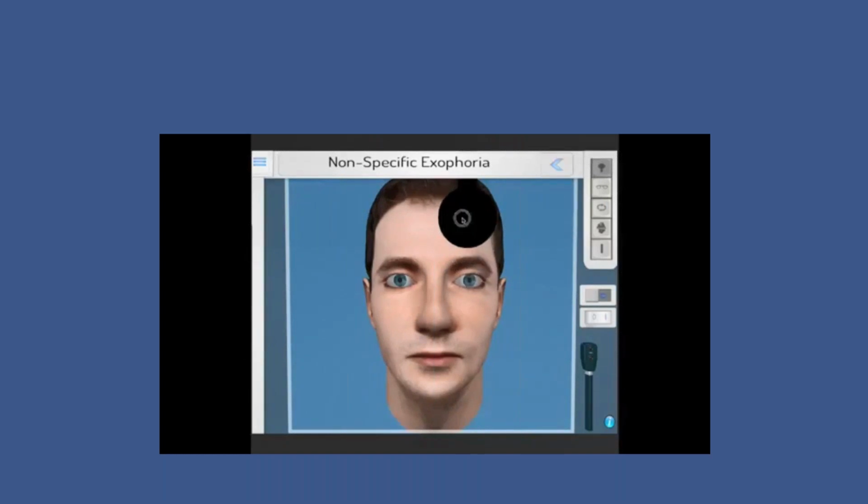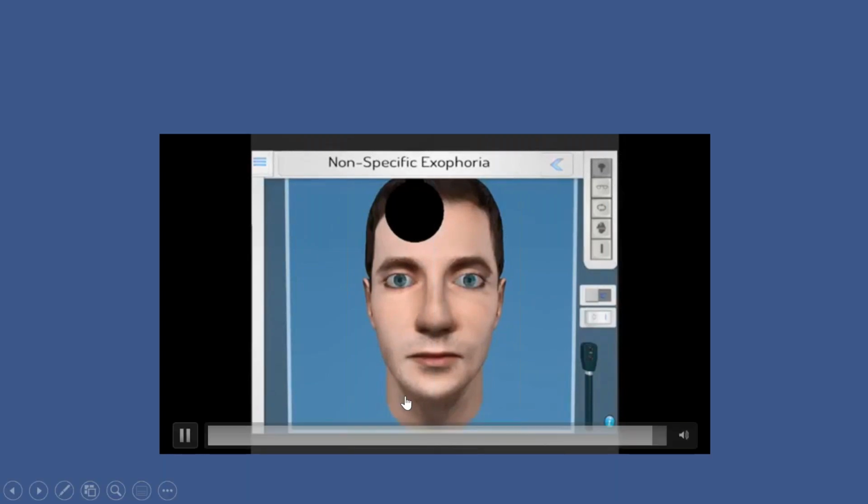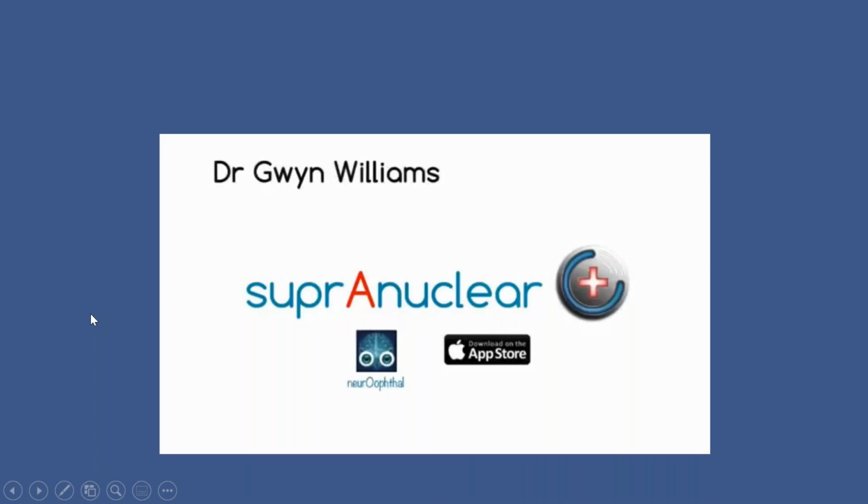Uncover, nothing. And now we again perform the alternating cover test. Swing very carefully, back and forth. Now we see the eyes flick in as opposed to flicking out. Therefore, when fusion has broken down, the eyes drift outward, and this term is called an exophoria. And this can be nicely demonstrated by this software.